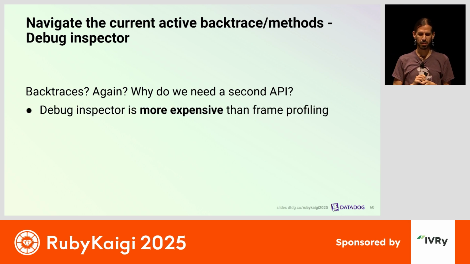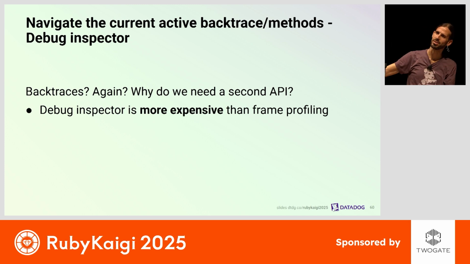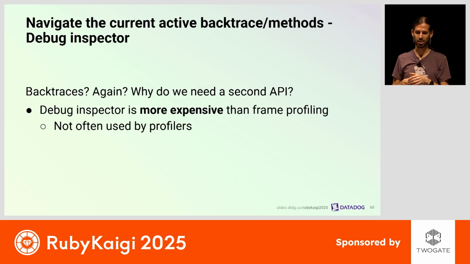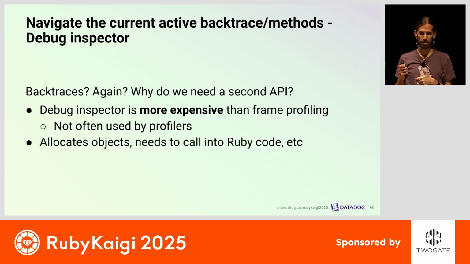The answer is that the debug inspector is way more expensive than frame profiling. This is the reverse of what I was saying before: frame profiling does no object allocation and is very fast. This one does object allocations, and it's kind of slow. That's why it's not very often used by profilers. It also needs to call into Ruby code, so it has a bunch more restrictions.